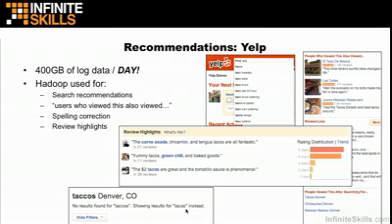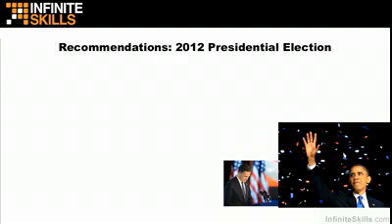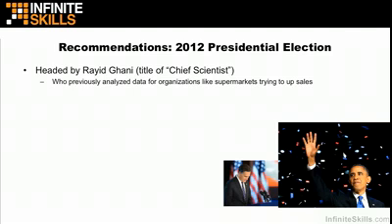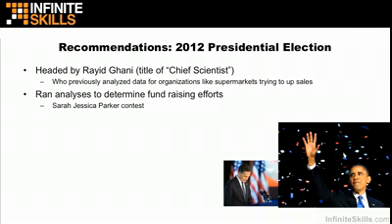Many say that one of the primary reasons that Obama won re-election in 2012 was their ability to use big data to the campaign's advantage. The big data division of Obama's campaign was headed by this gentleman, Rayid Ghani, their chief scientist. In previous lives, he had analyzed data for organizations like supermarkets who were trying to up their sales. One of the big things they did was run analysis to determine their fundraising efforts.